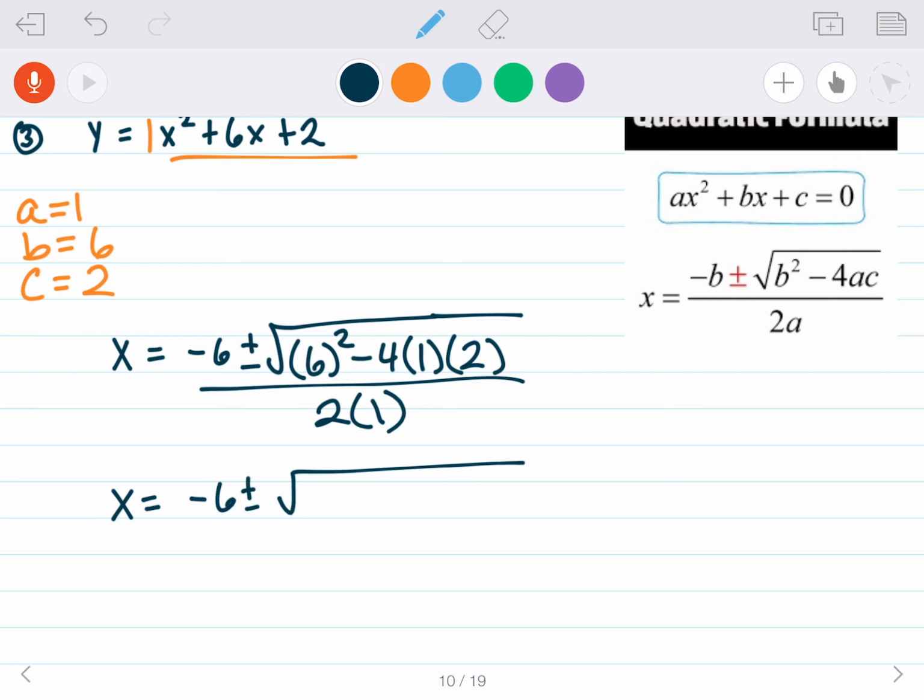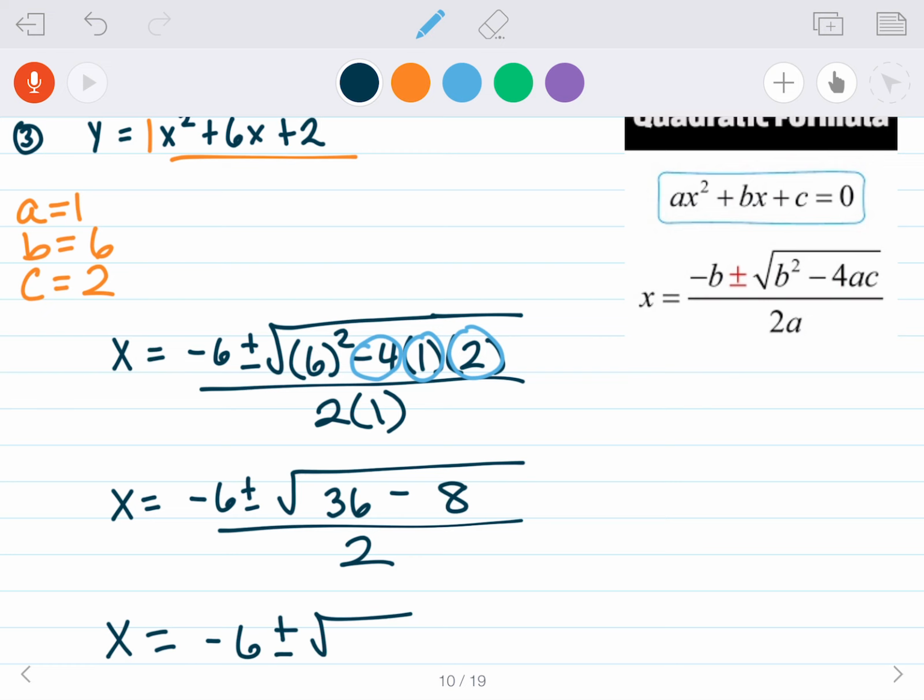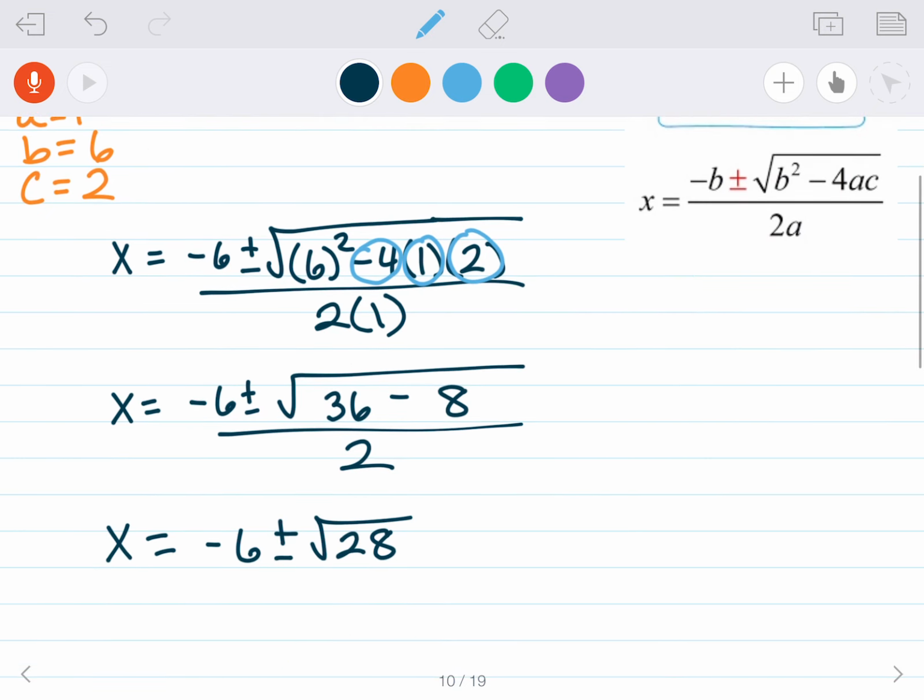But on the inside, 6 squared is 36. Now, -4 times positive 1 times positive 2 gives me a net result of -8. And this is all over 2 times 1 is 2. 36 minus 8 must be 28. So this is going to be x equals negative 6 plus or minus the square root of 28, all divided by 2.